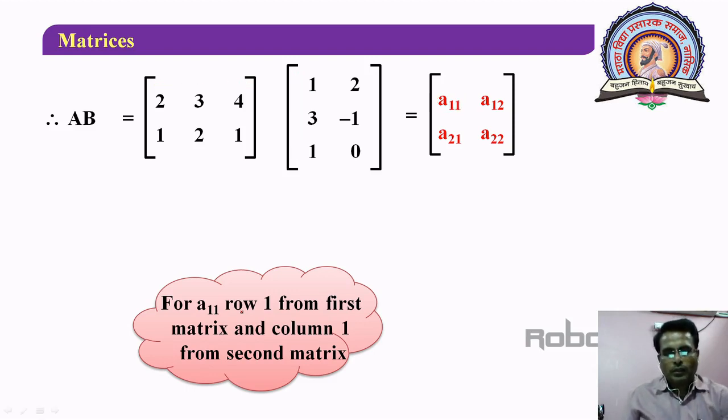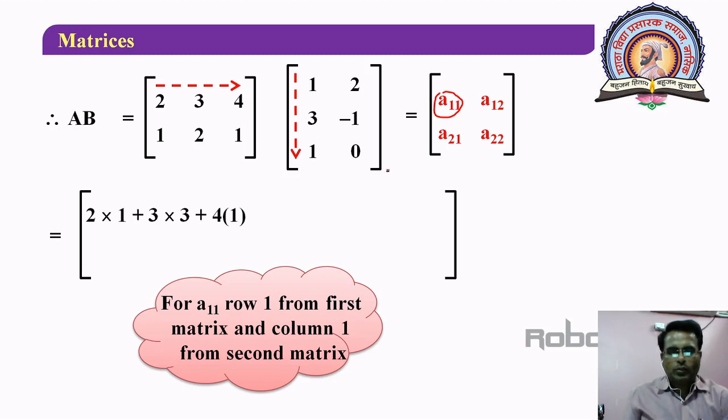The first row from the first matrix and column 1 from the second matrix will give you this element A11. Similarly, the product is 2 into 1 plus 3 into 3 plus 4 into 1, so that is coming here.